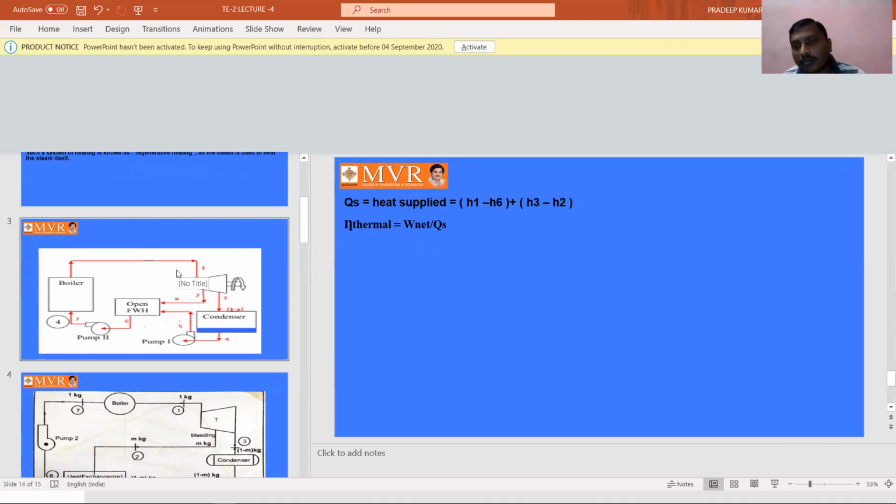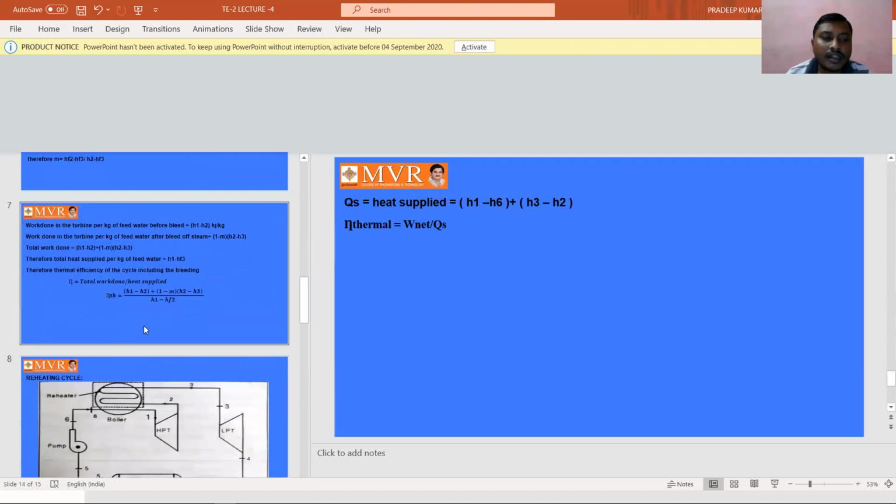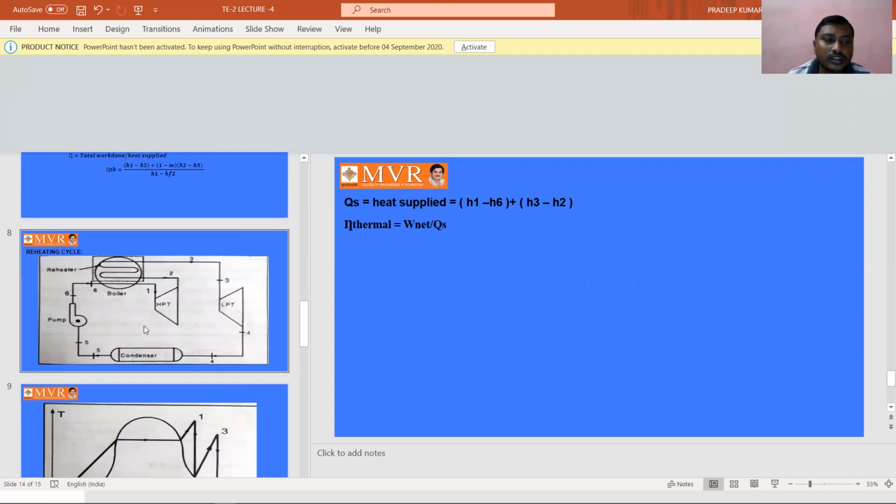Coming to the reheat process, the superheated steam from the boiler enters two turbines, the high pressure turbine as well as the low pressure turbine. As the superheated steam expands in the high pressure and low pressure turbines, the cycle efficiency increases. This is about the regenerative and reheat cycles which we have studied in this video.